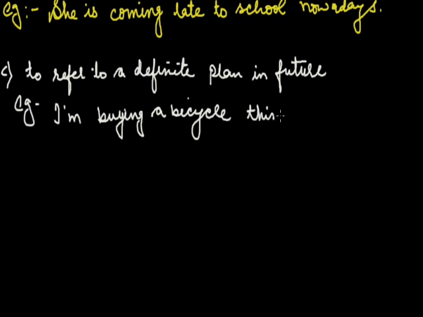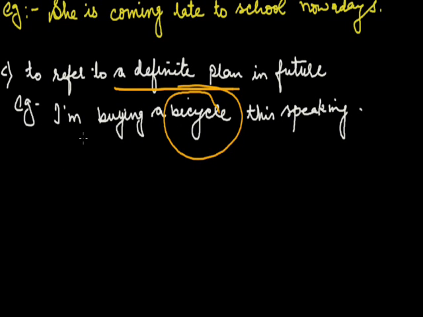At the time of speaking, the speaker is not buying the cycle, but he or she has a definite plan to buy a bicycle. That's why present continuous is used.